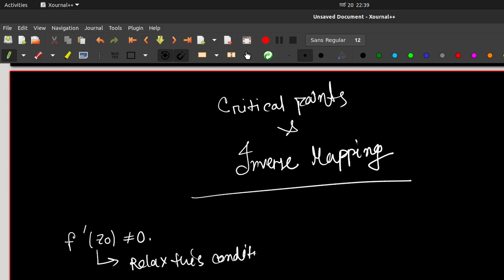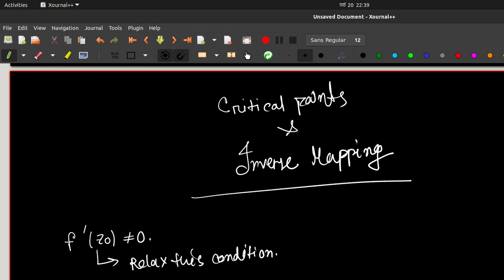By this I mean that we have some analytic function in a domain D, a mapping given by f of z from the z to the w plane, which is also non-constant in our domain.